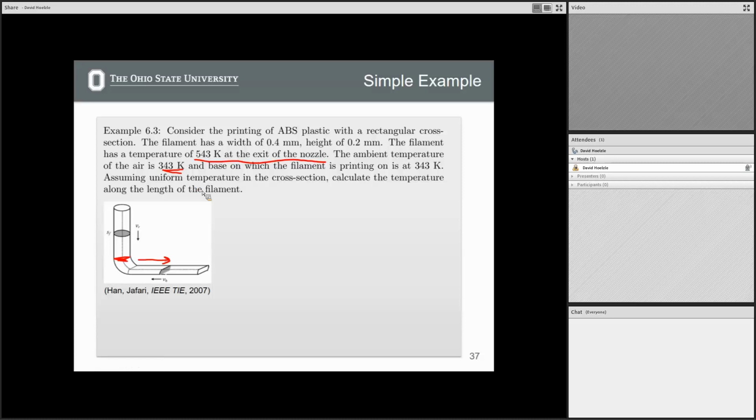And we're saying that we're depositing or extruding this onto a base at this environmental temperature as well. So we'll get into this in Tuesday's lecture. Just to note, Tuesday we have class. Thursday next week we do not have class because it's fall break. So that's also kind of the midterm of the term.